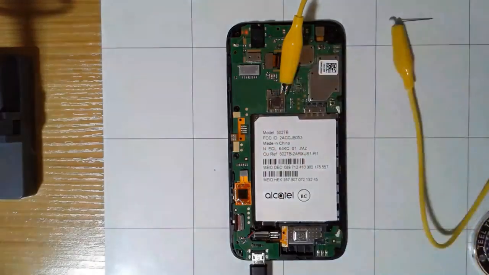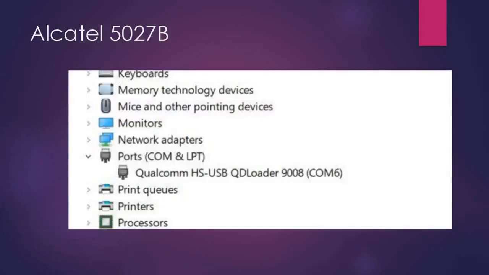There's my Windows notification that I'm wanting to hear. That Windows notification sound will bring up the 9008 driver, and it'll be loaded under the ports section in Device Manager.